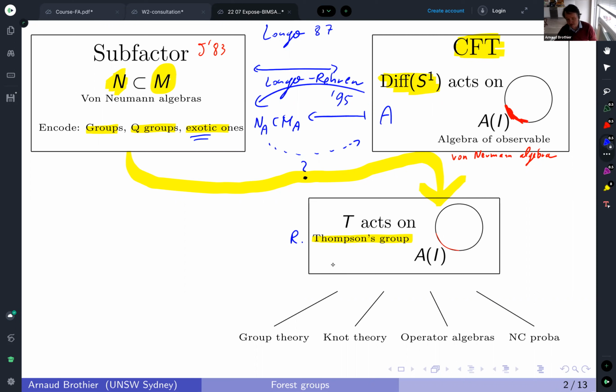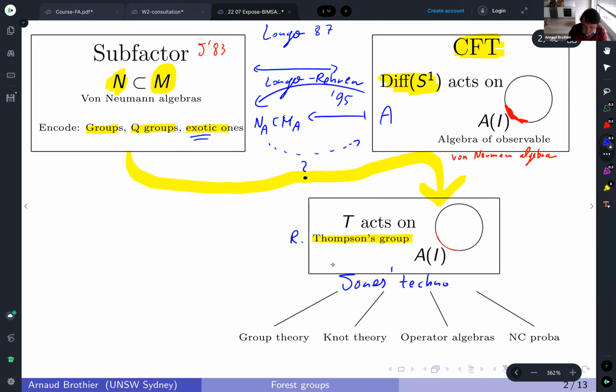And so here, that was not exactly the original plan, but in fact, that was a gift that Jones made to us, because from this construction of a discrete field theory, you got a new way to construct actions of groups and to construct mathematical objects. So I'm going to talk about that a bit later. So that was the birth of what is called today Jones technology.